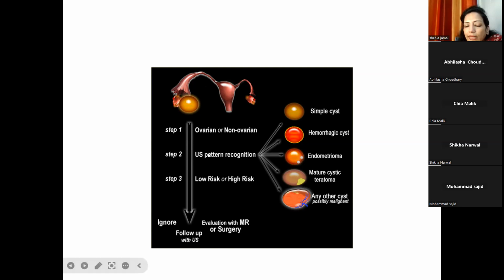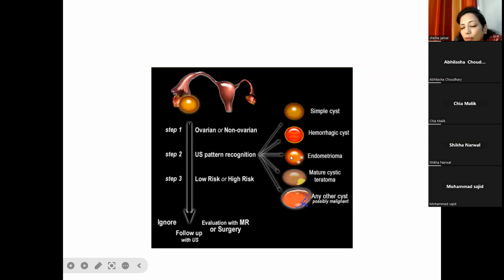Second is we have to identify whether this is a benign cyst, functional cyst, or pathological cyst. So we see ultrasound pattern. सिंपल cyst है जिसमें पतला सा सेल वॉल लाइनिंग होगा और क्लियर फ्लूइड होगा. हेमरेजिक cyst है जिसमें कि एक ब्लड क्लॉट बीच में बैठा हुआ होगा and they will report it as a case where a retracted blood clot has been found inside the cyst.